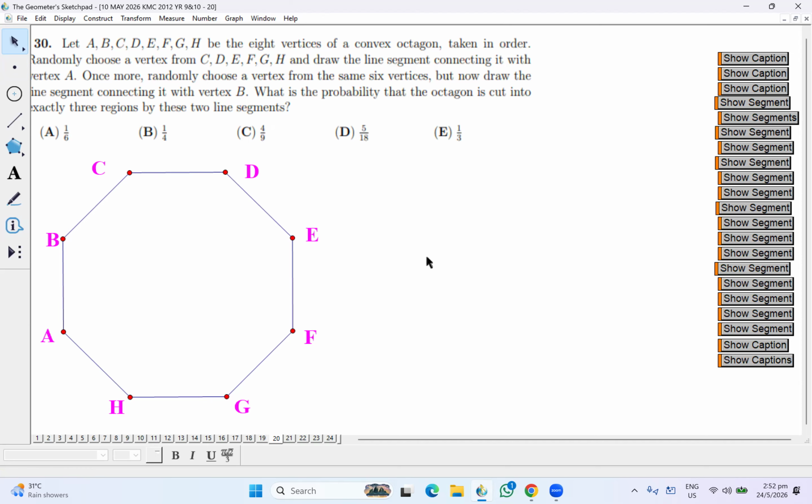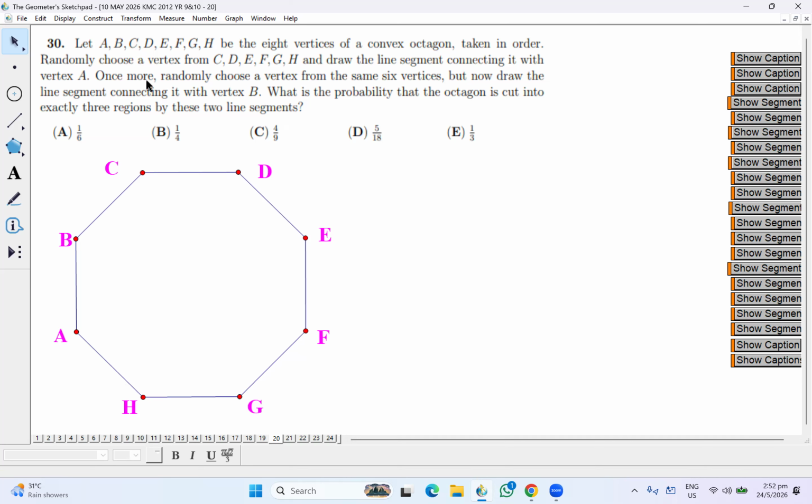And so we have randomly choose from C, D, E, F, G. Okay, 6 vertices only. C, D, E, F, G, H. And draw a line segment connecting it to A. So you join to A. Then you also do once more.